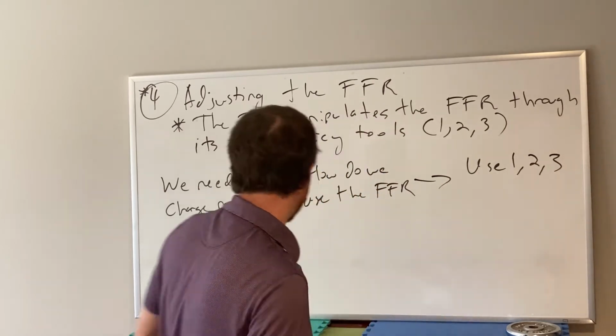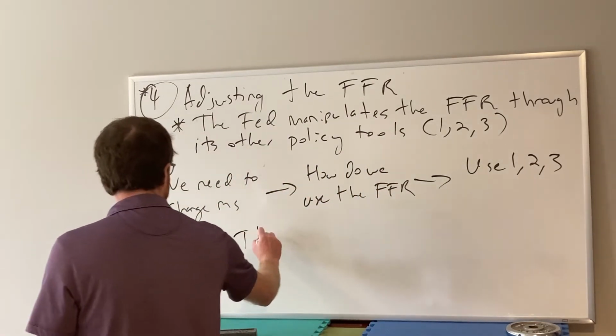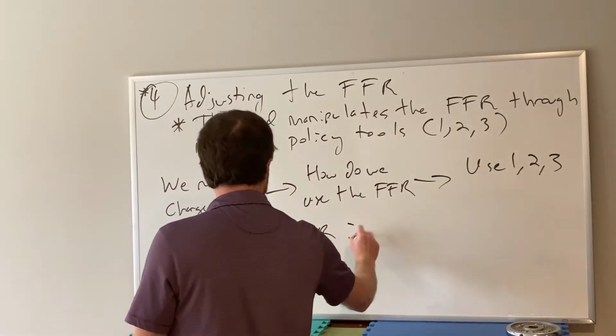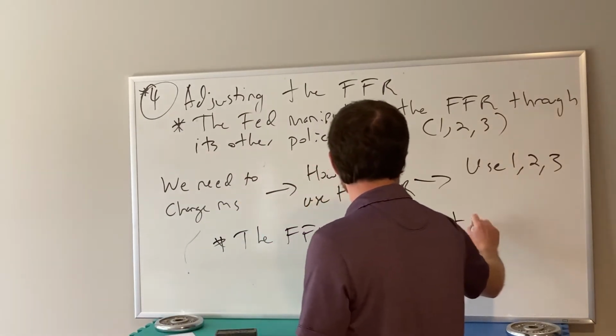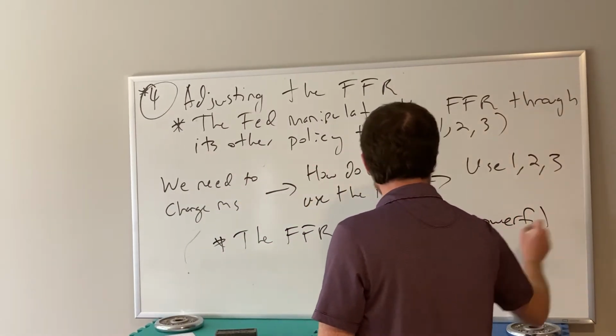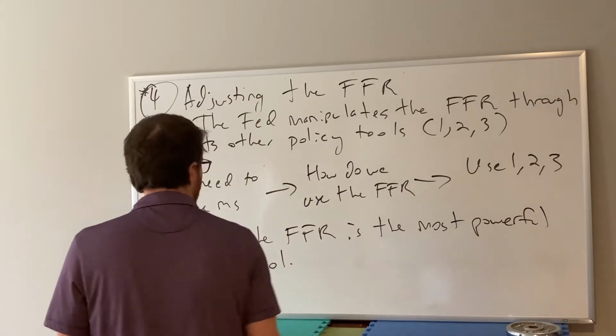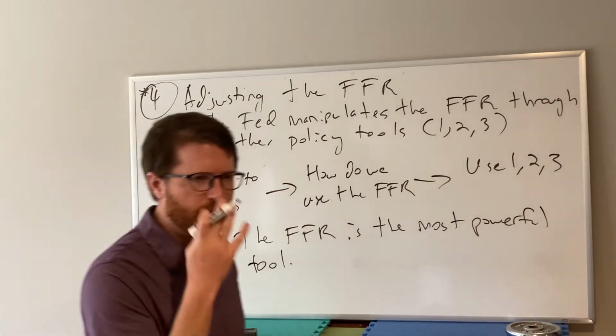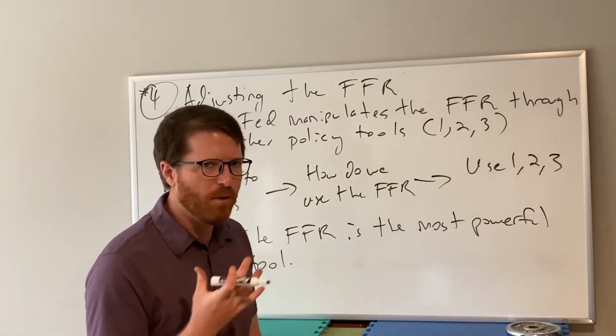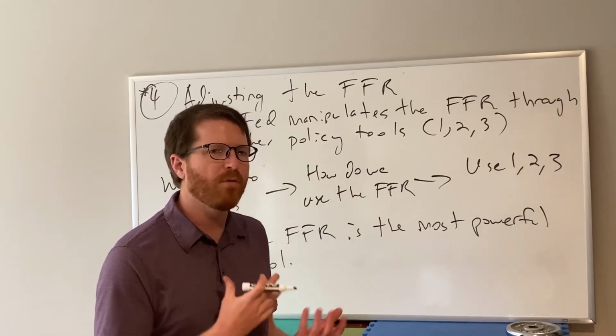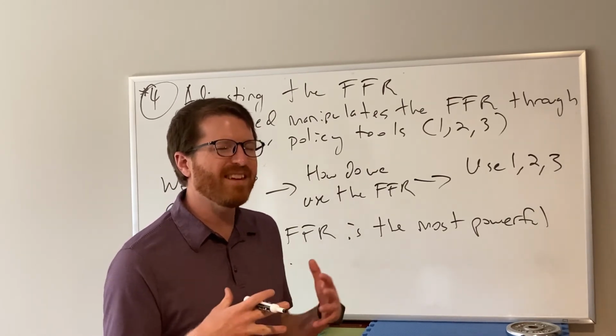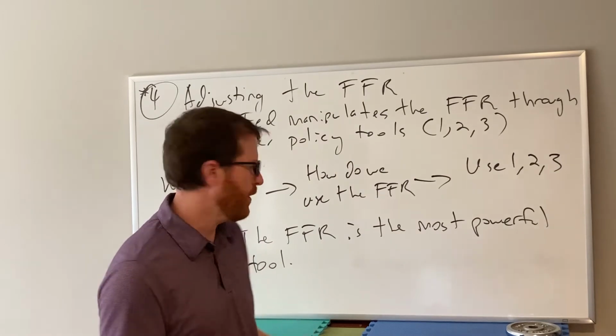The federal funds rate is the most powerful tool. And you'll begin to see this as we explain this in greater detail. It's the tool that is not only the most powerful, but also the one the Fed prefers, because it is the least intrusive on the economy.